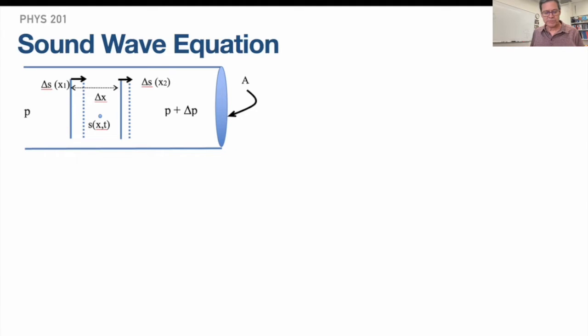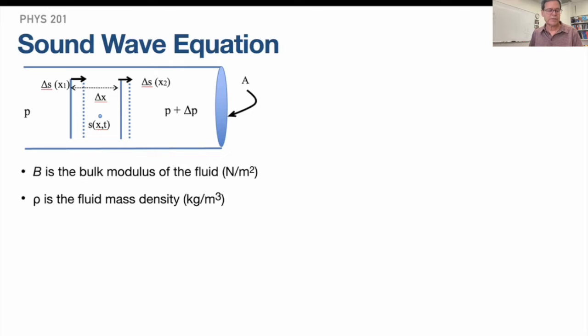Okay, so let's just now on a new slide summarize a bit where we were. Remember, the property of material called the bulk modulus governs by how much its volume changes for a given pressure change. That's B, and it's measured in newtons per square meter. Rho was the fluid mass density, that in SI units is measured in kilograms per cubic meter.